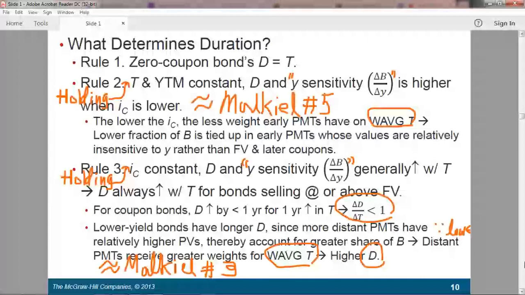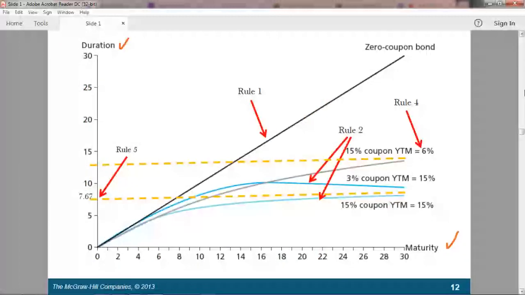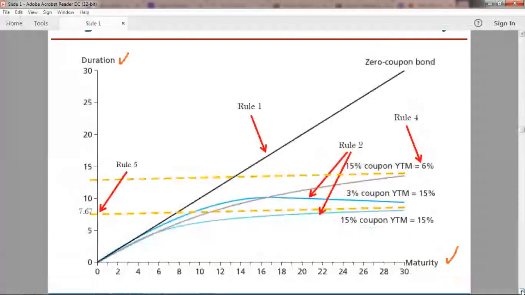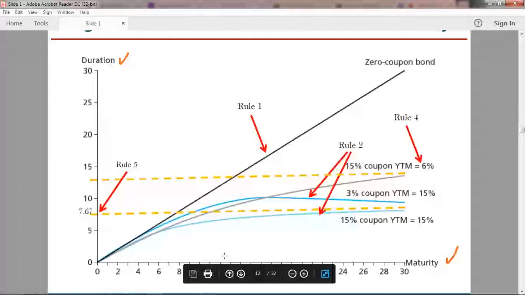And this graph is really capturing all the rules, rule 1 through rule 5. Basically, look, this is maturity.